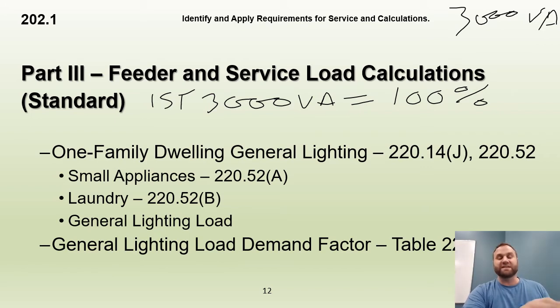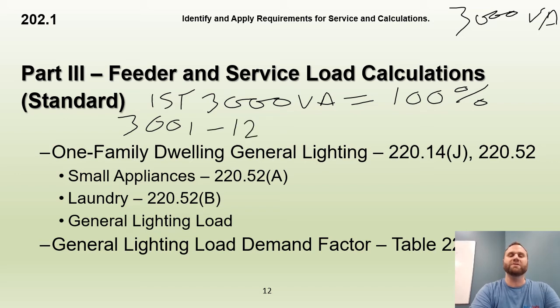Well, it says in the same table that anything between 3,001 and 120,000 I use at 35%. That leaves me with 12,000. So anything between 3,001 through 120,000 is going to be at 35%.